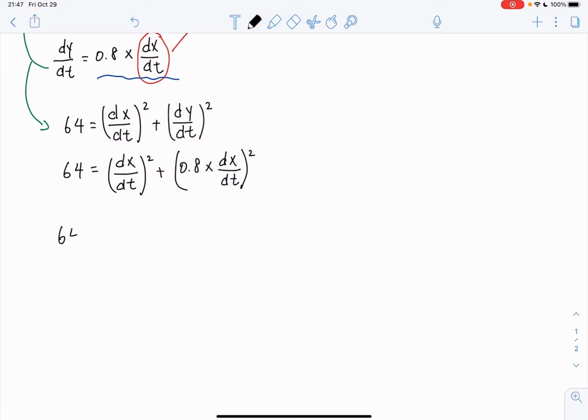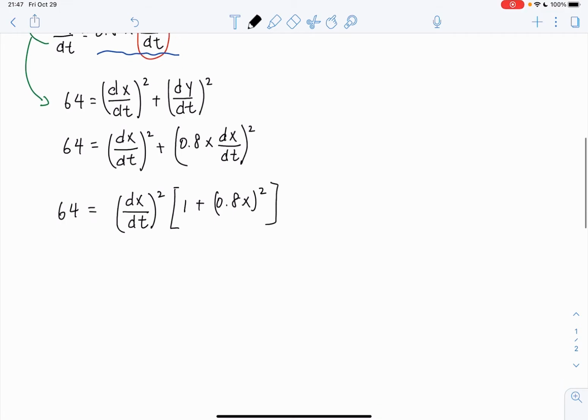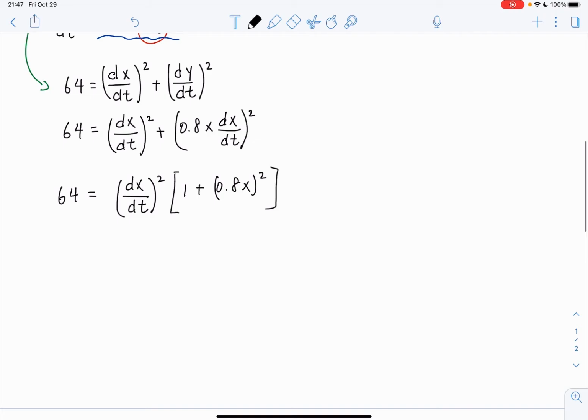We factorize dx over dt squared, giving 1 plus (0.8x) squared, and then move this to the other side.